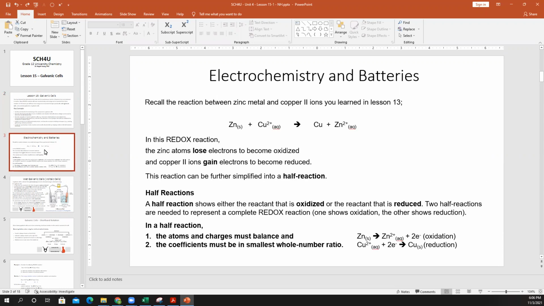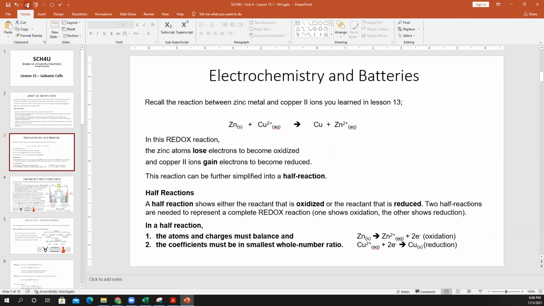So recall from our previous lesson the reaction between zinc metal and copper ions. In this reaction, our zinc atom loses electrons to become oxidized, and our copper ion gains these electrons to become reduced to a copper atom.